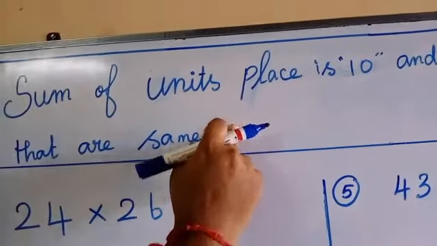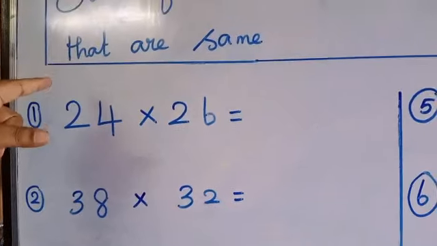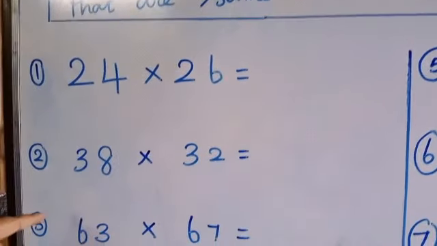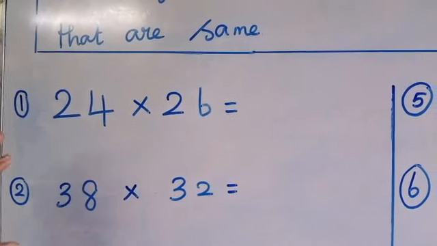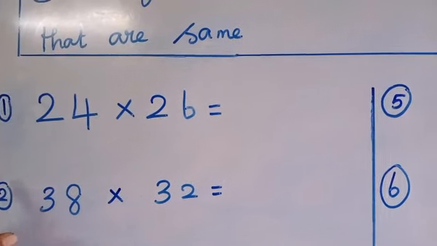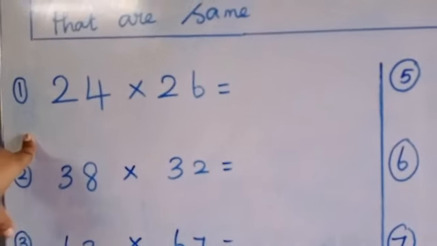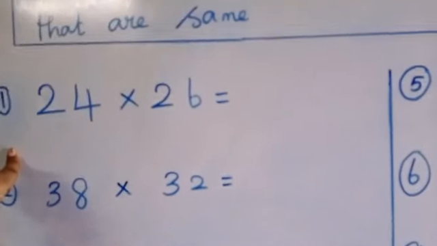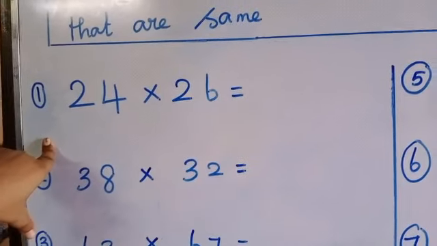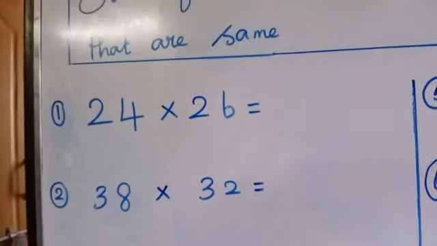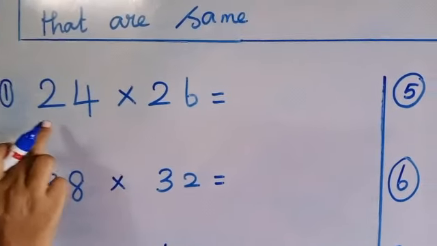This is the rule. Now observe, this multiplication can be done in just 2 seconds. I will show you this technique. Just observe and know how we calculate these numbers within 2 seconds.